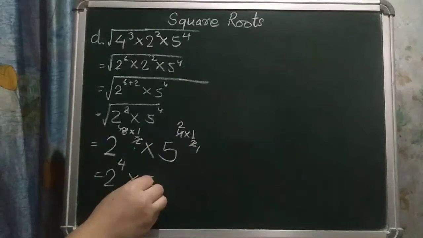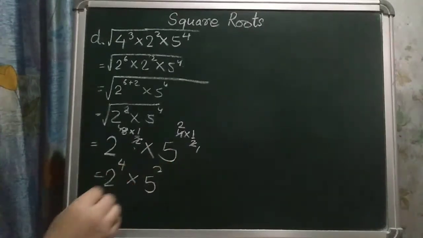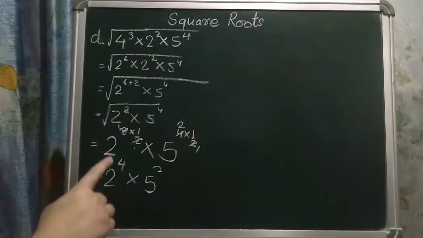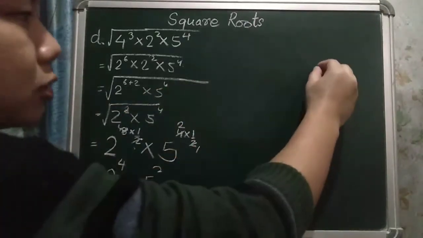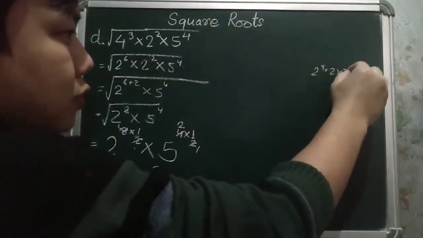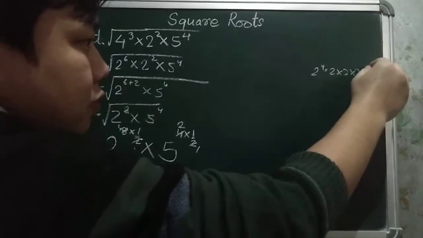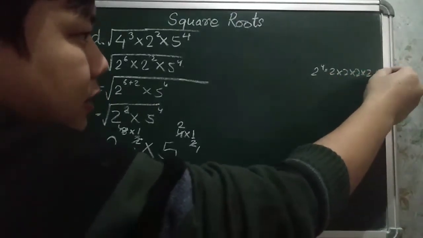5 to the power 2. As we solve that, 2 to the power 4 means 2 into 2 into 2 into 2: 2, 4, 8, 16.